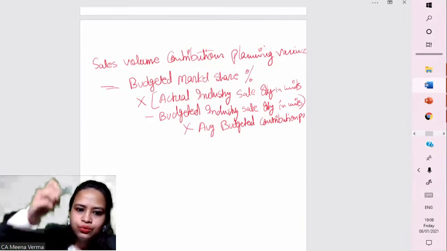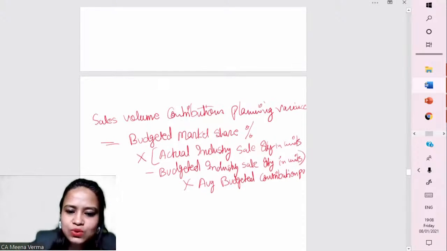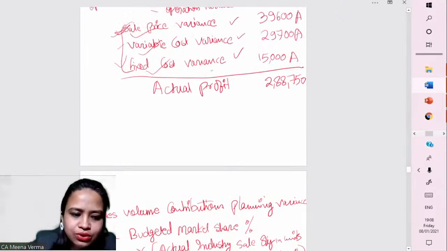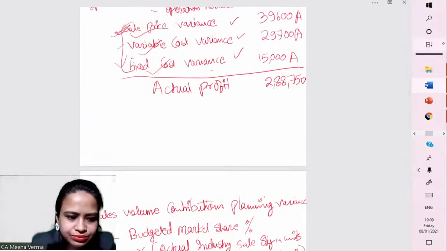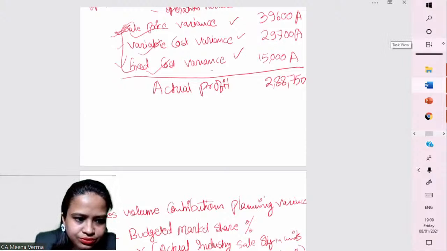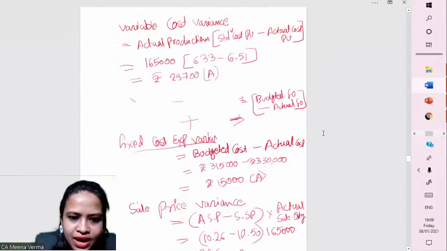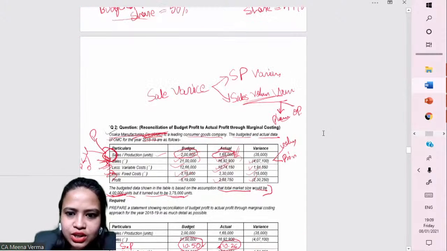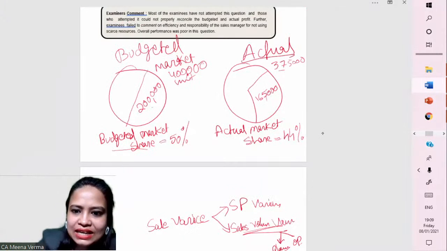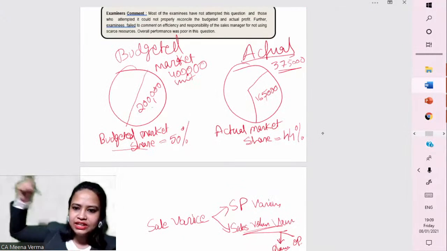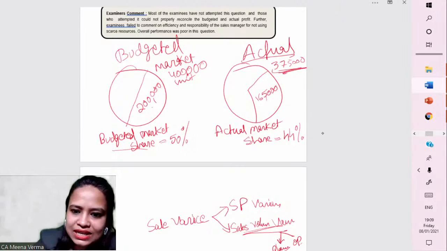You know that it is given. In the entire market, the actual sale is this.